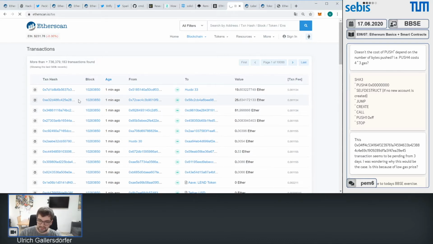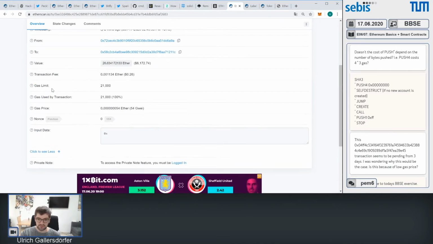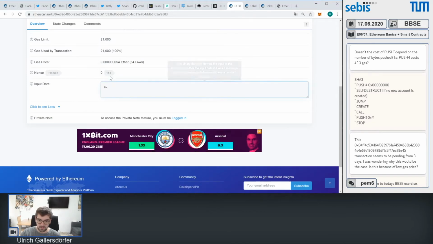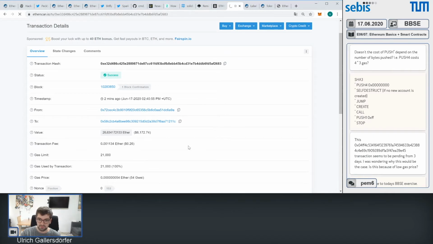So therefore, that's important here. Also not to be confused with the miner's nonce in Ethereum or in Bitcoin. So that's also very important here. So what you see here is, if you click to see more details, then we have a nonce. It is actually the first one from this contract, it seems. That's important here to know.